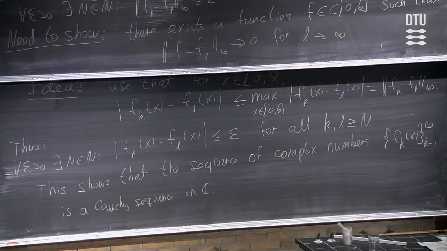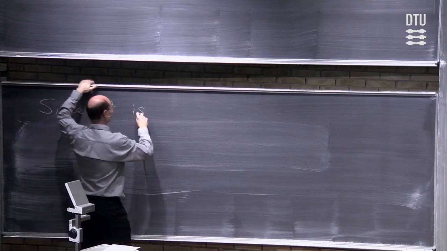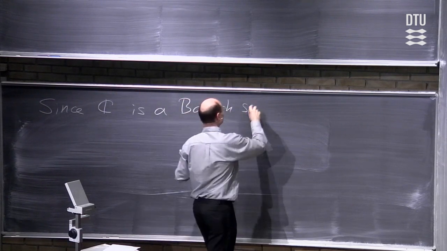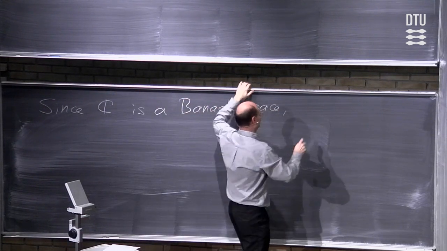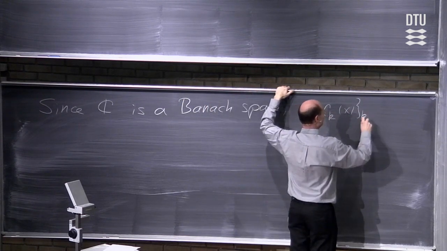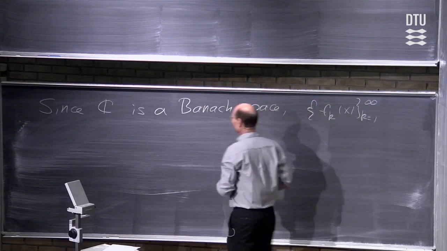So since C is a Banach space, our Cauchy sequence f_k(x), k equal to 1 to infinity, is convergent.